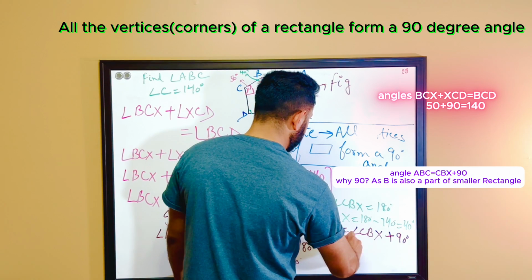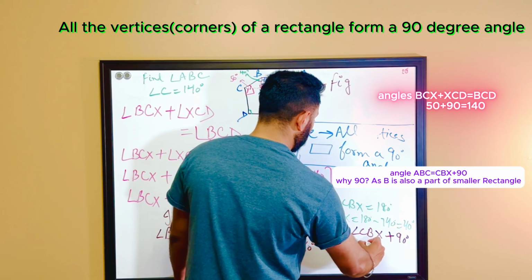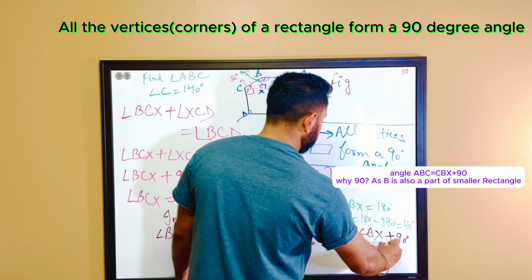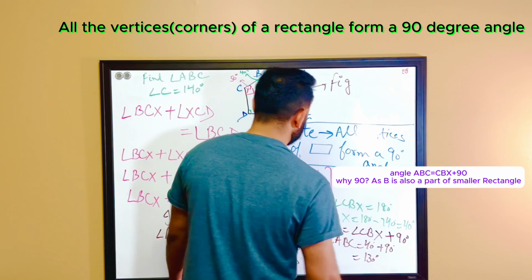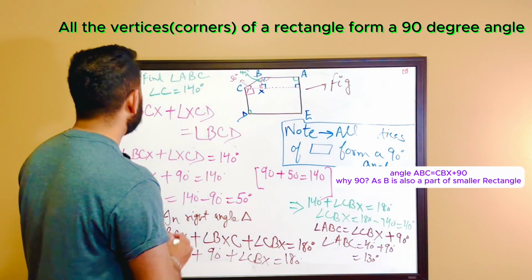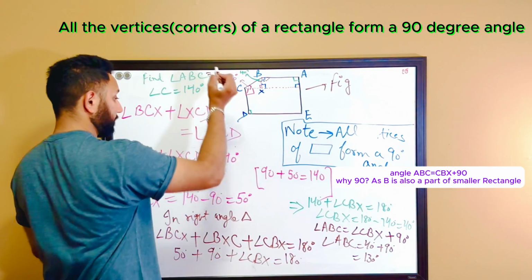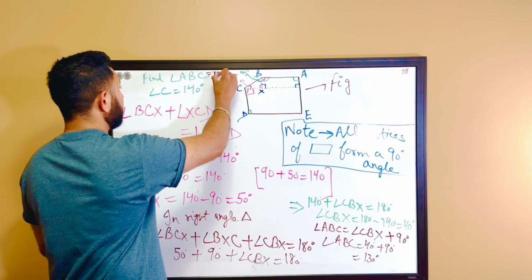So that means angle ABC comes out to be 40 plus 90 is 130 degrees. So angle ABC is 130 degrees.